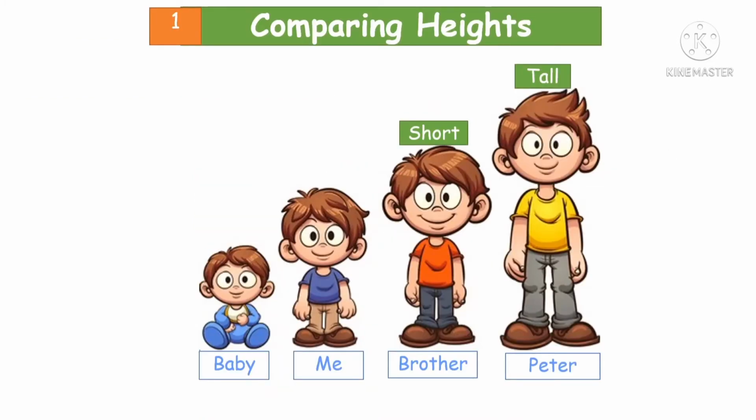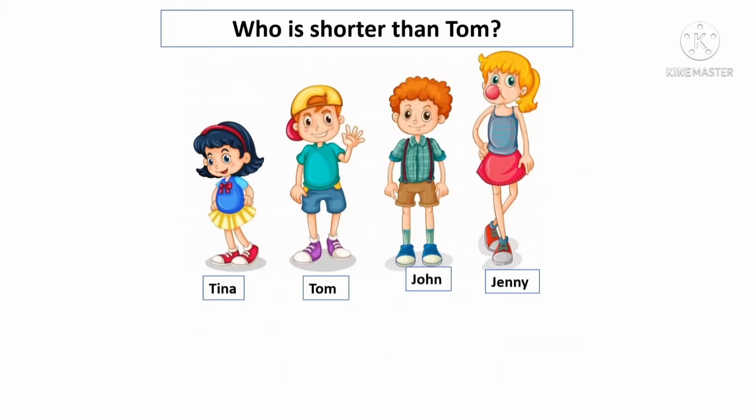We can also compare the heights to know tall, short, shorter, and shortest. Peter is tall and my brother is short. I am shorter than both of them, and my baby brother is the shortest among us four. Now answer this.